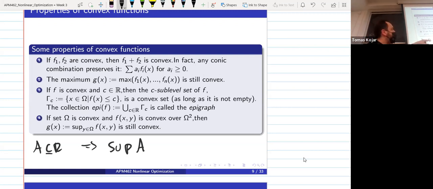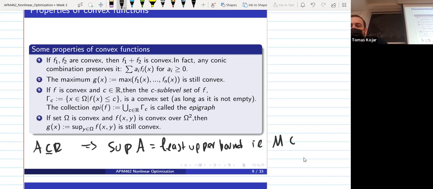Supremum of A in R is defined as the least upper bound, i.e., a constant m in R such that A is less or equal than m. Okay?